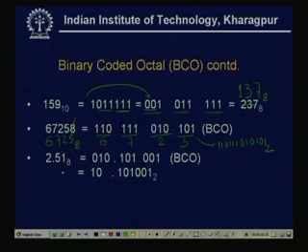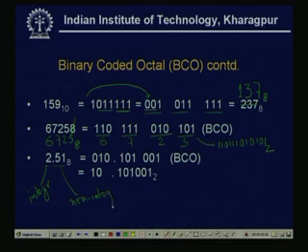Now, we consider one fraction. So, this is 2.51 in octal. Then what will I be doing? As there are two portions, this is my integer portion and this is my non-integer portion.